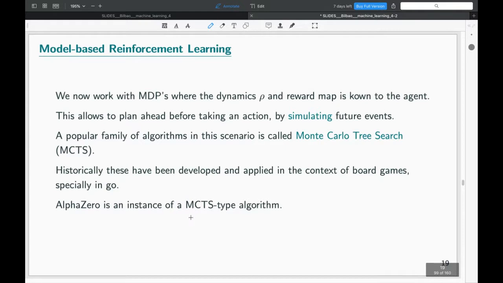And AlphaZero is a type of Monte Carlo tree search algorithm. We are going to assume for the rest of the talk that rho is deterministic for simplicity.